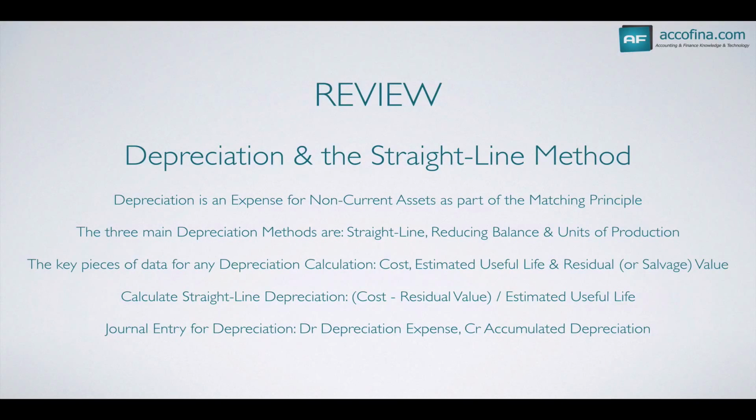To calculate straight line depreciation, you do cost minus residual value and then divide that calculation divided by the estimated useful life. And then finally, the journal entry for depreciation we covered was debit depreciation expense, credit accumulated depreciation.